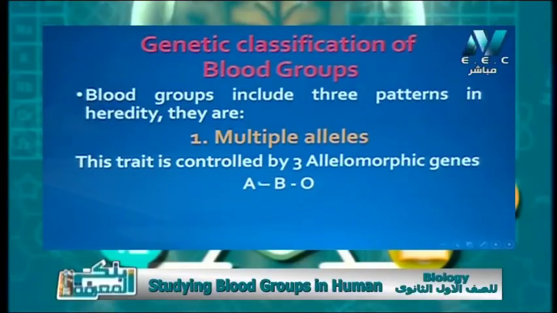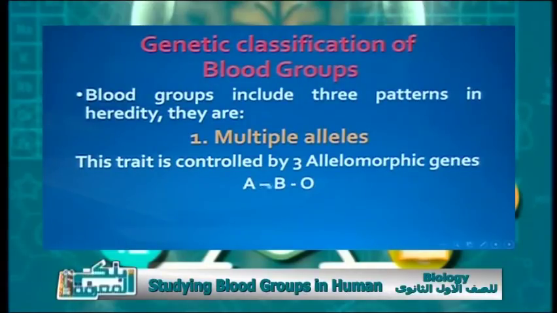So there are two genes. The gene A produces an antigen of one type, so we call it antigen A, and B produces an antigen of another type, and we call it antigen B. But the person who has blood group O has no antigens on the red blood cell.